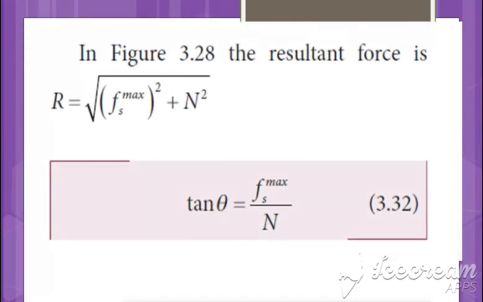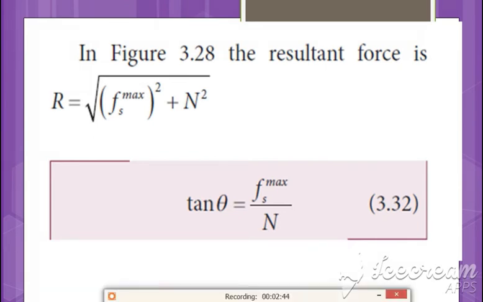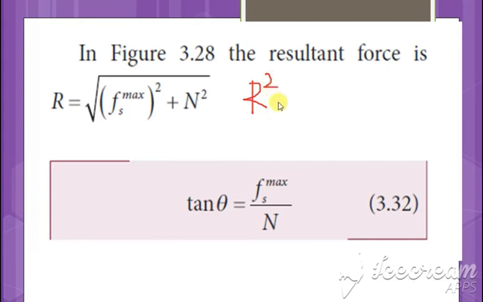Next we have the equation. This is according to the Pythagoras theorem. As I have told you, according to the Pythagoras theorem, we have the equation r square is equal to fs square plus n square, is it not?